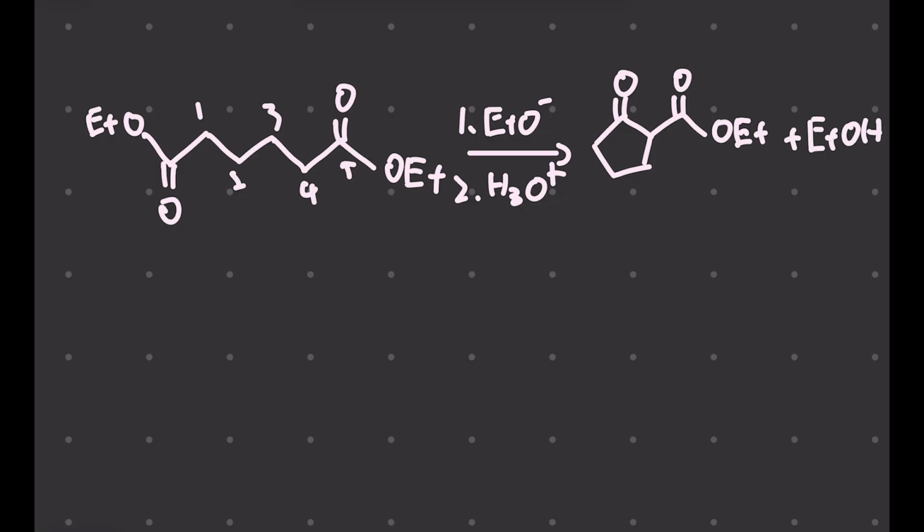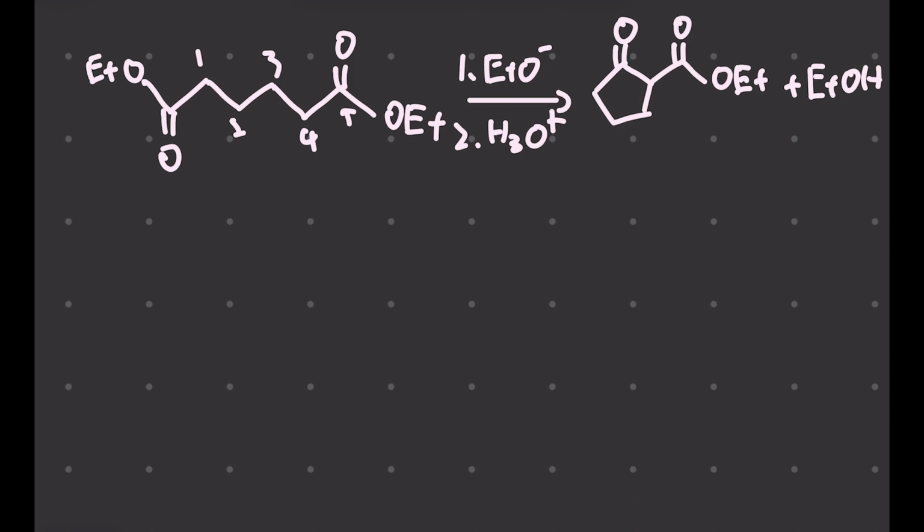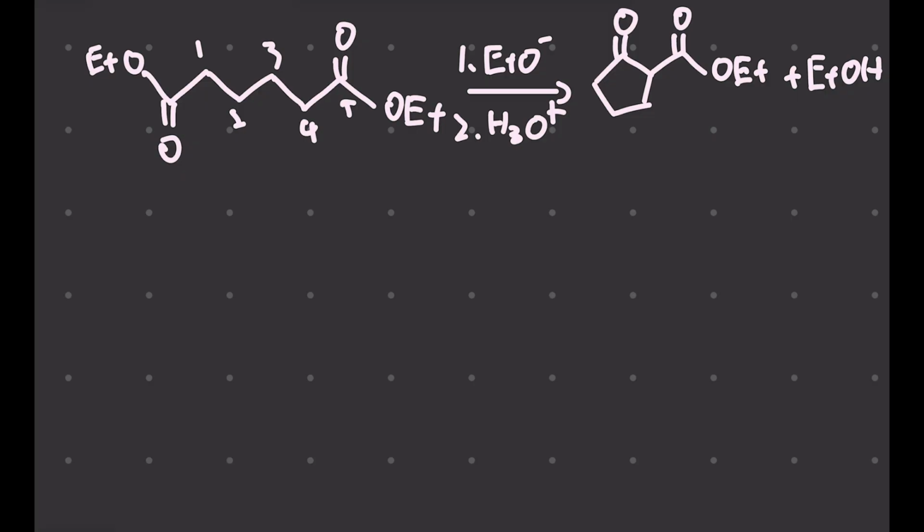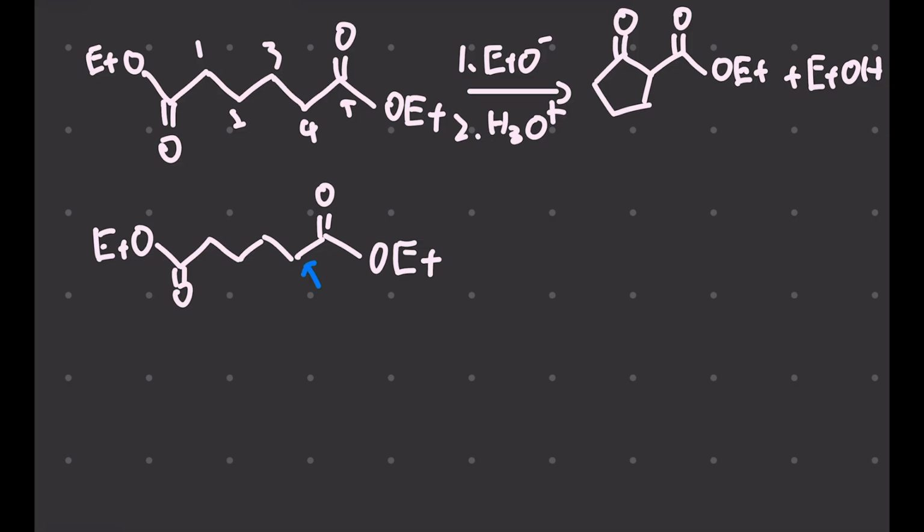The mechanism for this reaction is the exact same as a Claisen condensation reaction. What is going on is that the ethoxide is going to come in and deprotonate the alpha hydrogen. So it can deprotonate either alpha carbon.